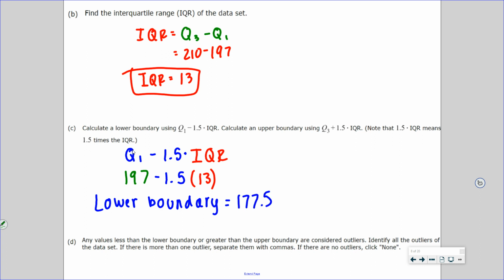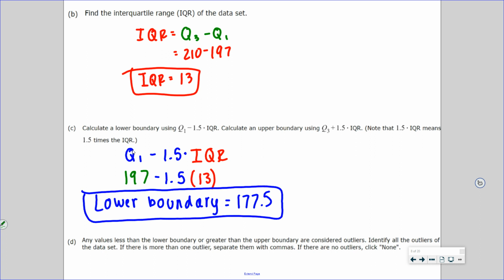So I got this number. Based on my interquartile range of my first and third quartiles, none of my data should really be lower than this, is what that's saying. Okay, let's do an upper boundary the same way. So this time I'm going to take my third quartile, I'm going to add 1.5 times my IQR.